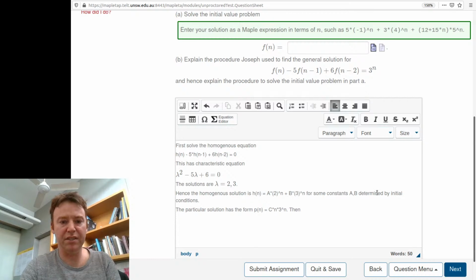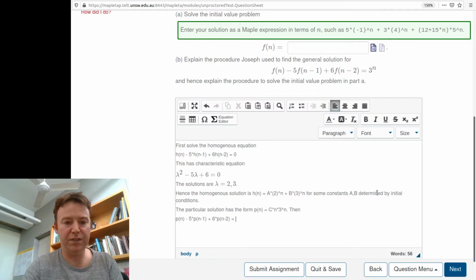So if I sub this in, then I get c times n. So this is going to be p. This means p(n) minus 5 p(n-1) plus 6 p(n-2), and then this whole thing has to be equal to 3 to the n, but I'll take out the common factor.